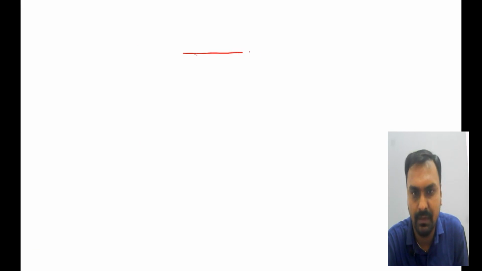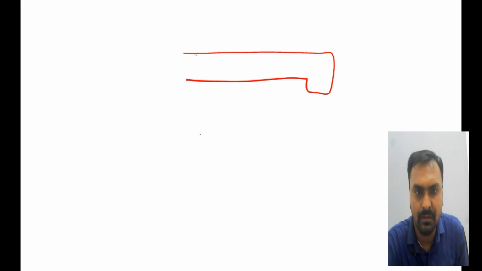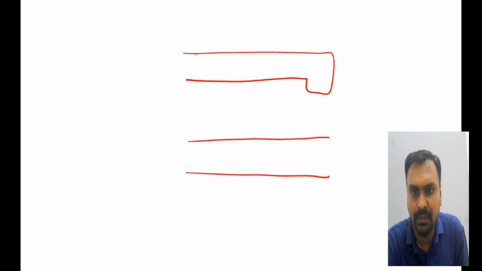So here there is a thioesterase, this is the ACP portion which contains phosphopantetheine with an acid group.